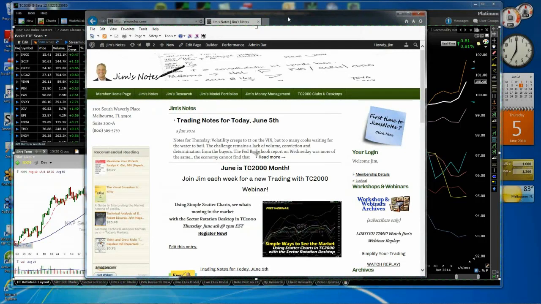Tonight we're going to focus on the desktop that we use with TC2000. Through June, I want to go through TC2000 and look at scan opportunities and how to use some of the desktops better. A lot of what we do you can do with other software packages.